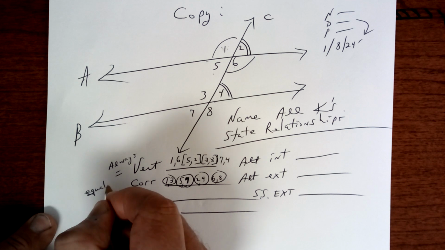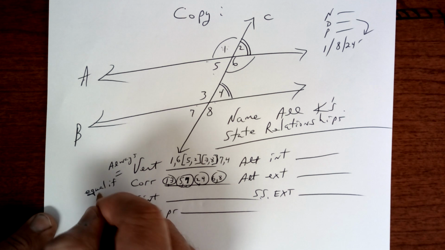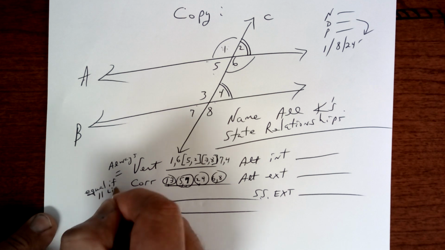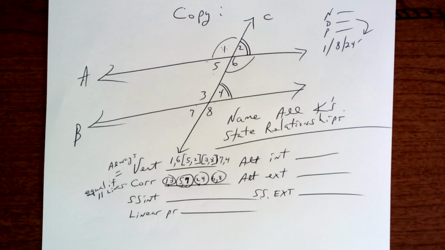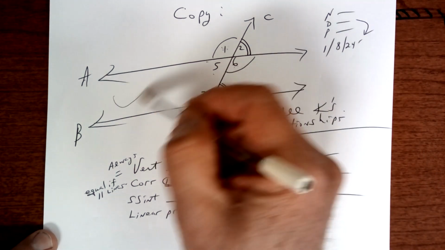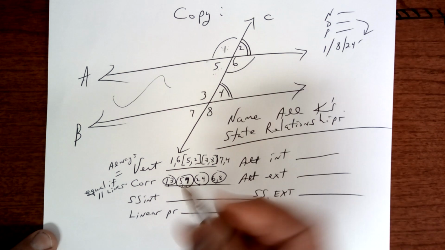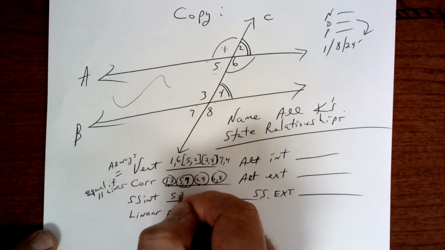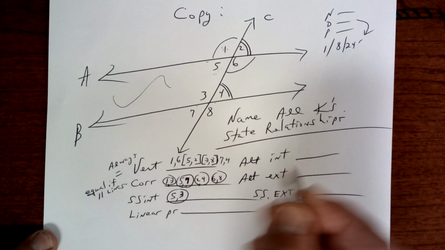These are equal if the lines are parallel. Write that down. So if the lines are parallel, they're equal. That's the relationship. Same side interior, they're not equal, like this one. This is the interior. So 5 and 3 and 6 and 4.